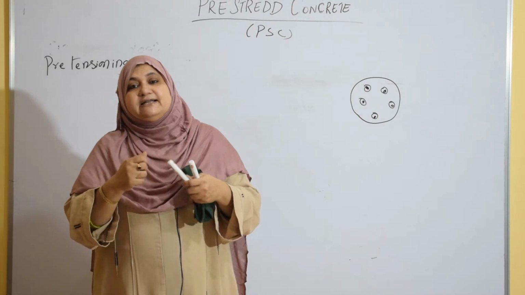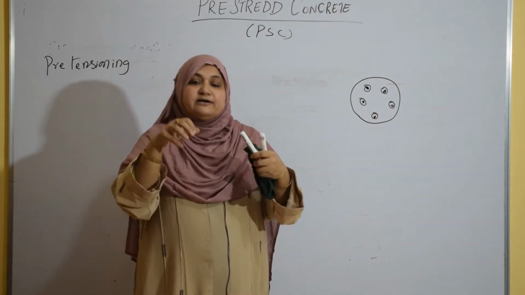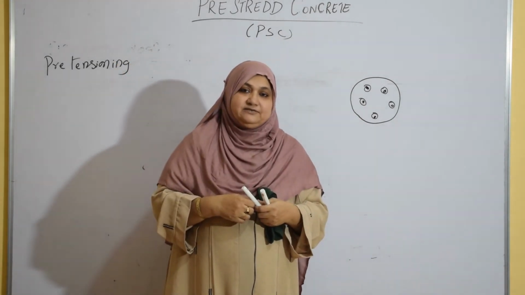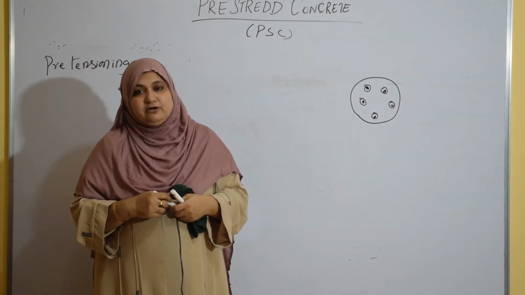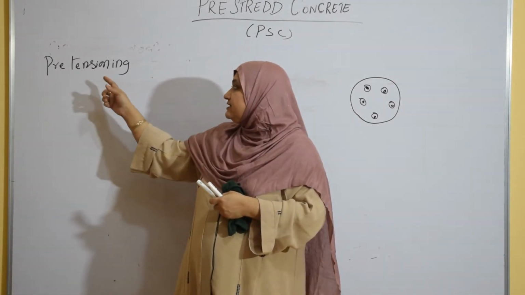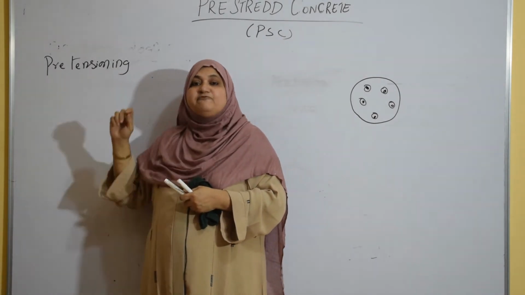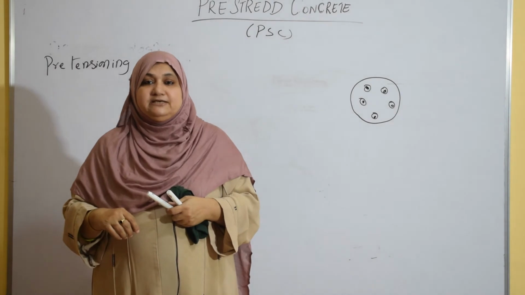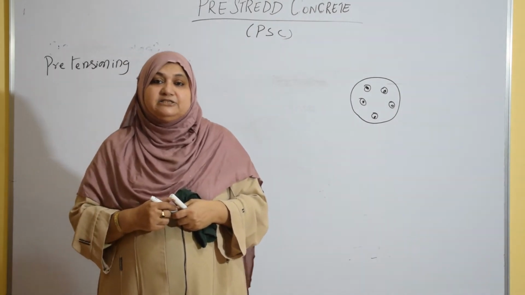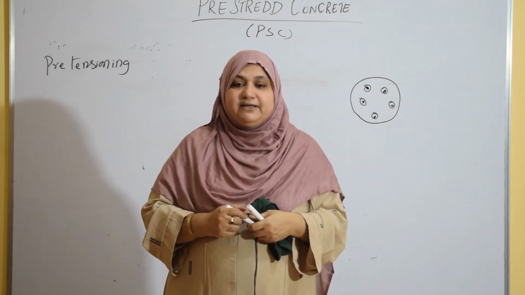Pre-tension. So tendons are priorly, before the concrete is placed, tensioned. Why are we tensioning it? To impart the pre-stress to the concrete, right? So pre-tensioning is a method of pre-stressing in which tendons are pre-tensioned before the concrete is placed.